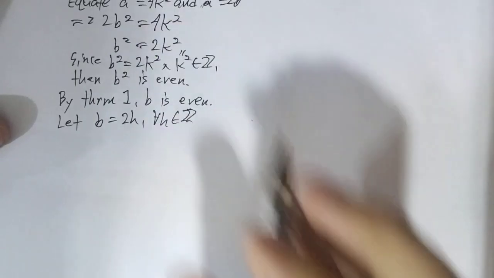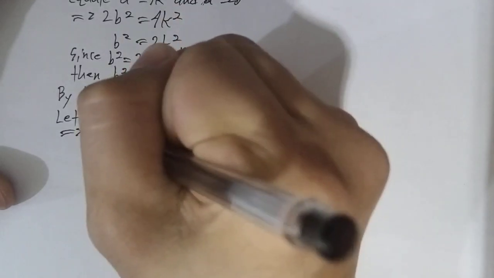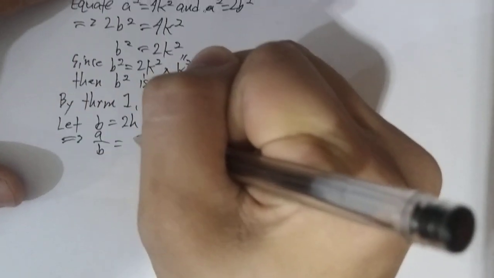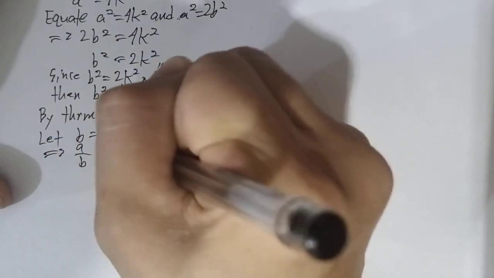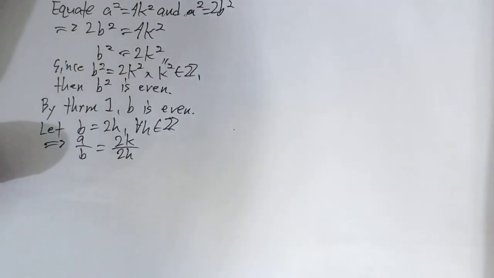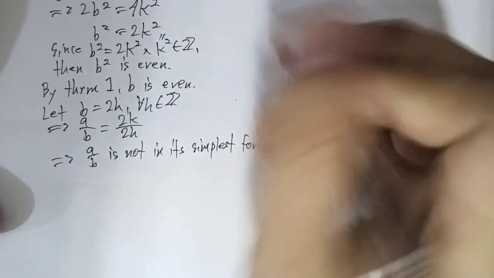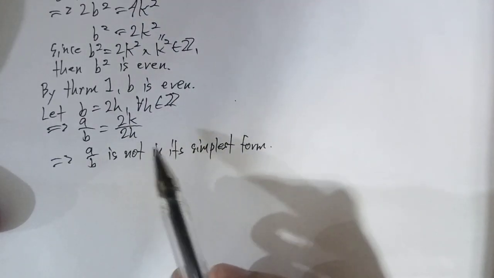We can now imply that a over b, where a equals 2k and we've supposed that b equals 2h, is not in its simplest form, since we've derived that they have a common factor other than 1.